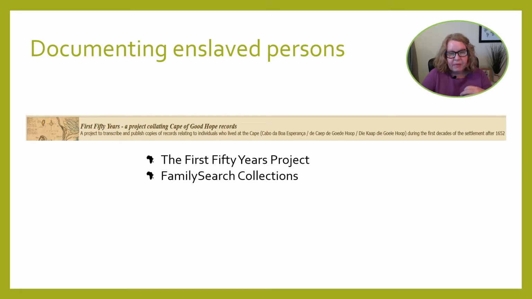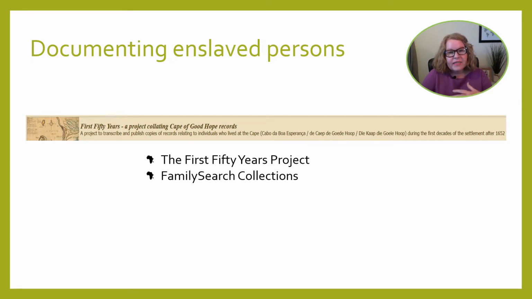You could easily spend a couple of hours, if not more, there. They also contain baptisms and marriage registers of the Dutch Reformed Church, journals and letters, transcriptions of the birth and sale of enslaved persons. There is also an excellent timeline of the settlement at the Cape. So please go and spend some time looking at that site.